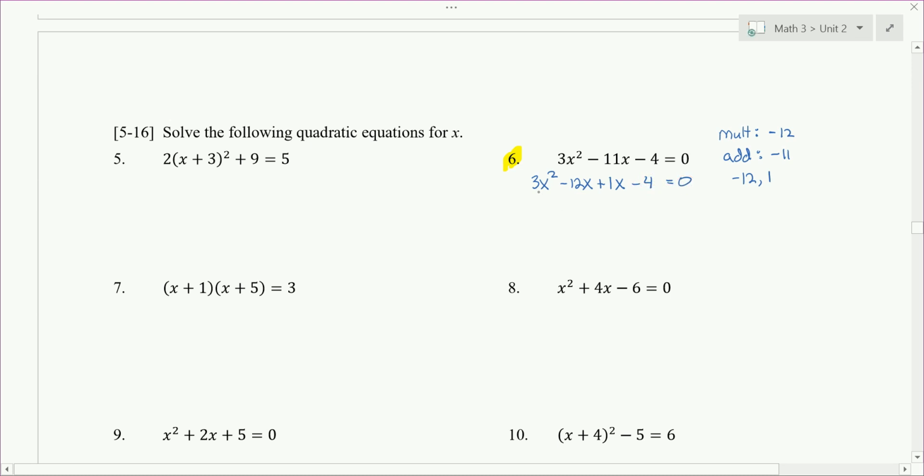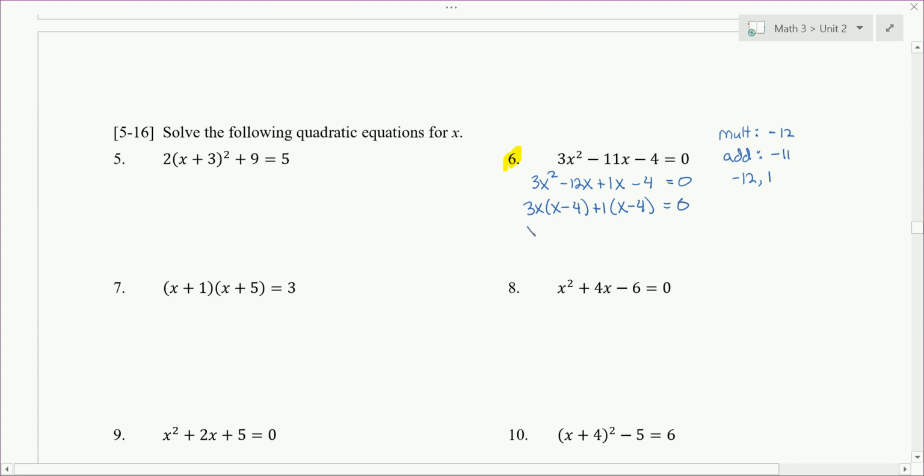And then factor by grouping. Group the first two, factor out 3x from the first two terms, and you're left with x minus 4. And factor out a plus 1 from the last two terms, and you have an x minus 4. Both terms have an x minus 4.